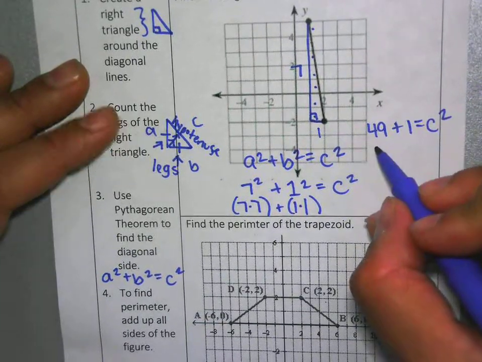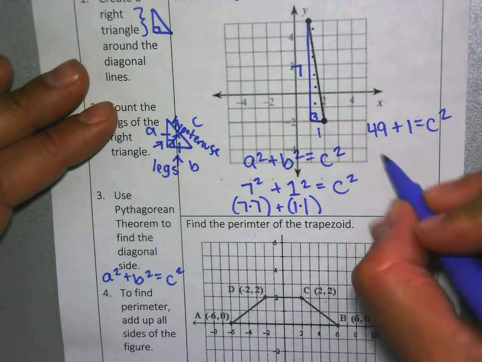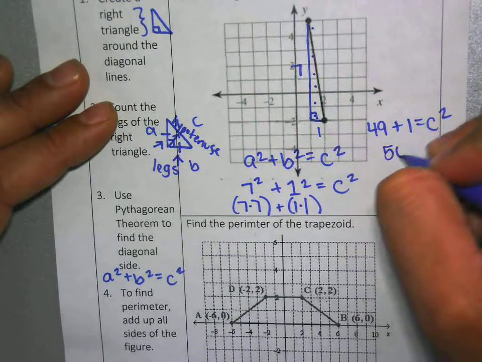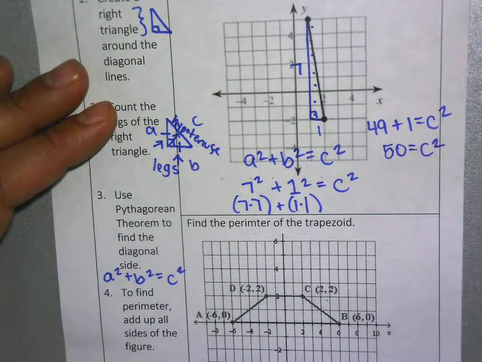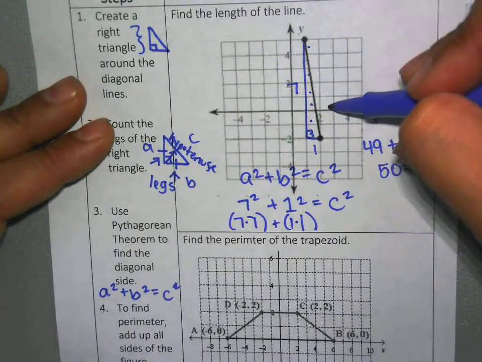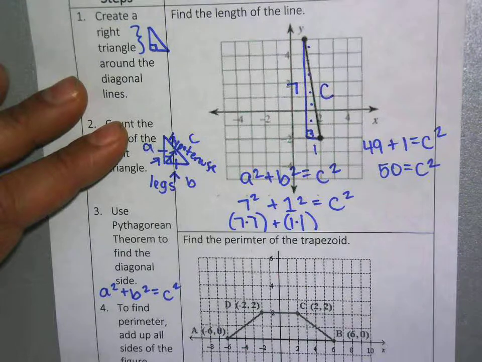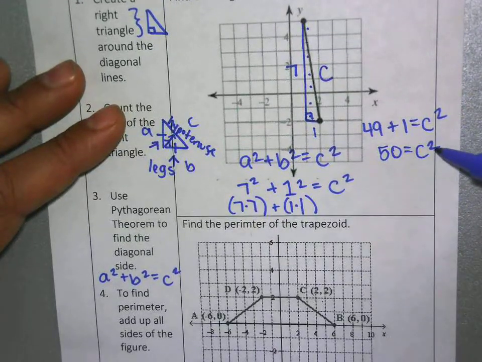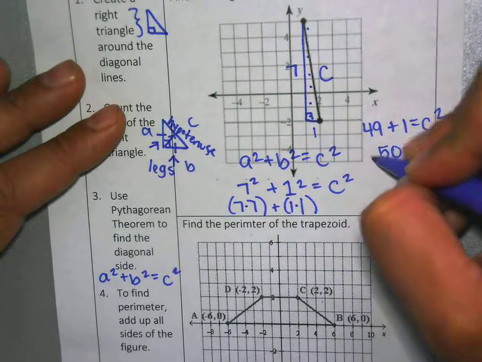Finally, I'm going to add 49 and 1 to get 50. And last but not least, I need to find c by itself. I don't want c squared. I want c by itself. That'll give me the length of our missing side. So to undo a square, I square root both sides.